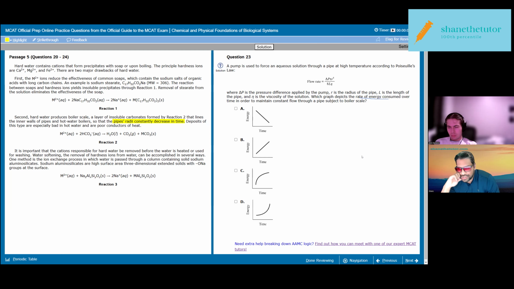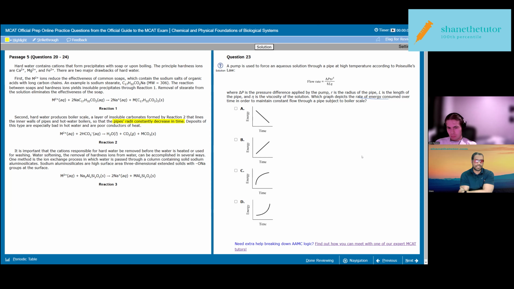How can I get energy in here? Okay, so we know that our radius will decrease over time.